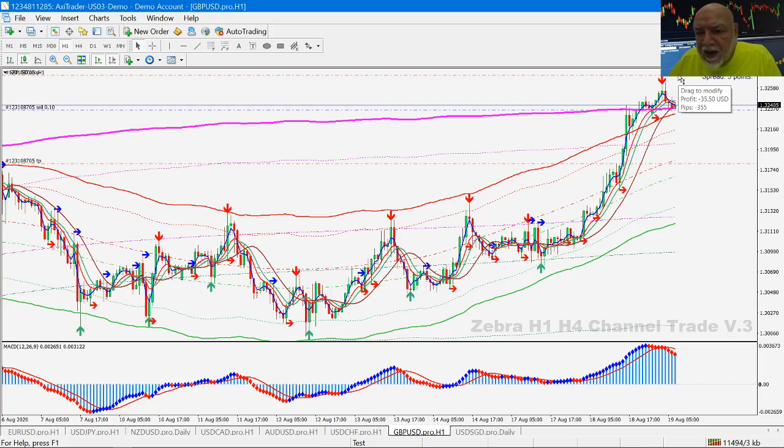Here we had the stop up here. It's a 35 pip stop. Here is the target, 55 pip target. Almost a 2-to-1, but significantly better than a 1-to-1. So that was that trade here on the pound USD.